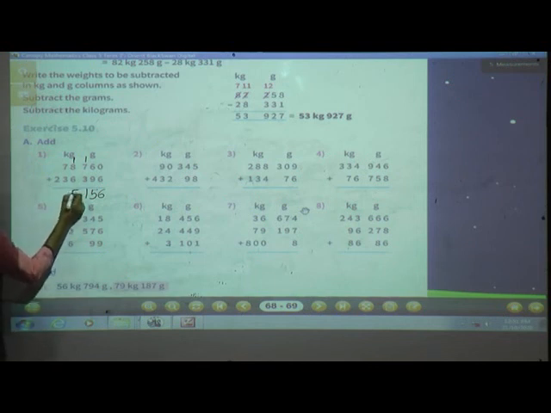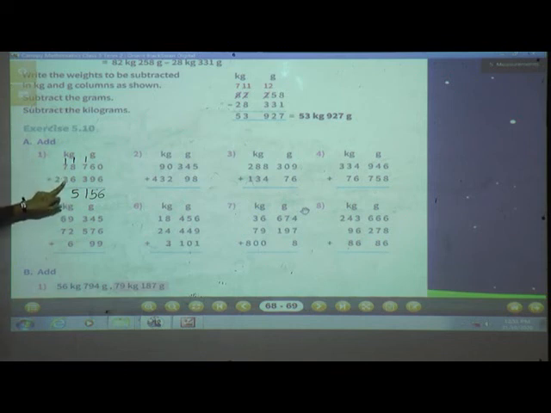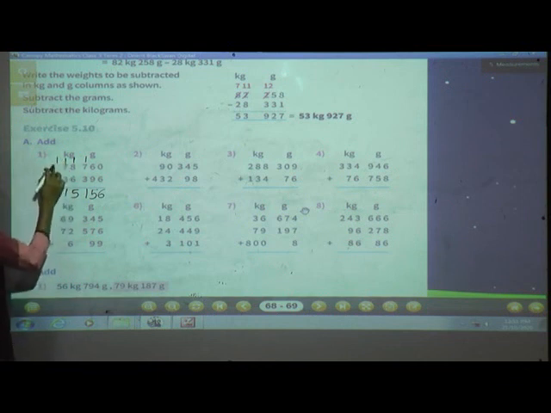So again here we will write 5 and give 1 as a carry. Then 1 plus 7, 8, 8 plus 3, 11. So 1 and 1 carry, 1 plus 2, 3. So what is the answer? 315 kilogram and 156 gram.